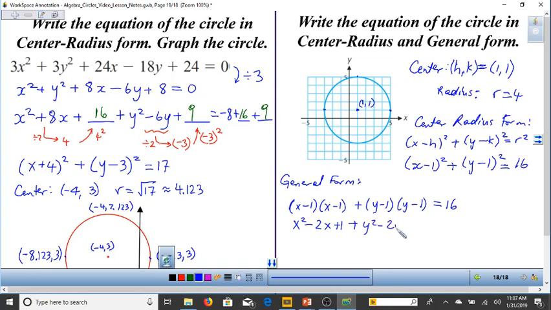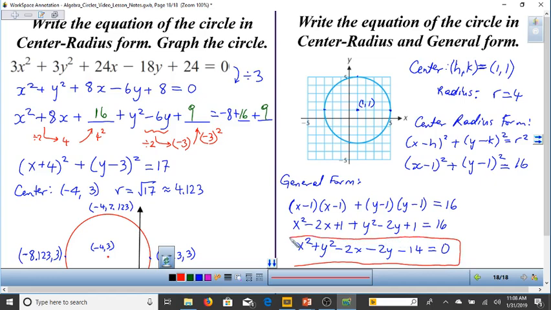And then I put the x squared and the y squared together. Then I put the x term. Then I put the y term. Then I put the numbers together. 1 plus 1 is 2, and then minus 16 is -14, equal to 0. And that is the general form. There we have it.